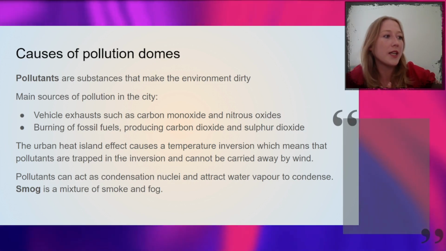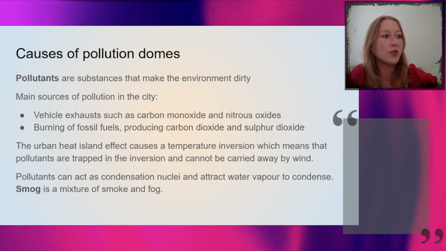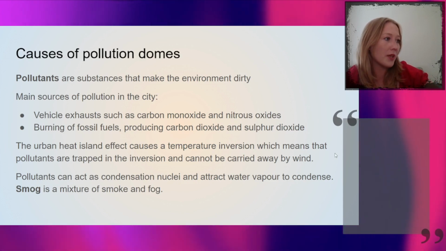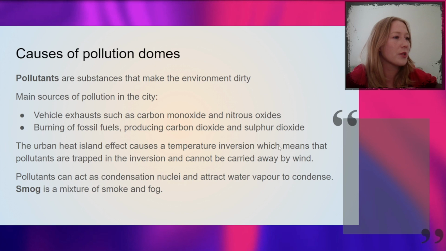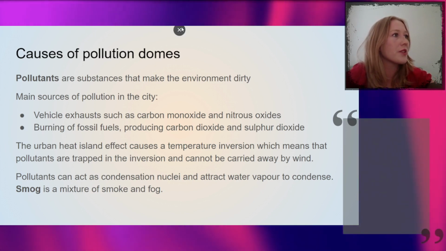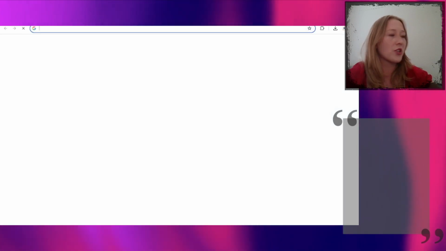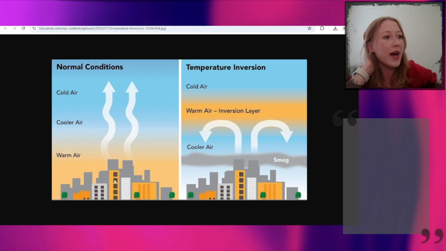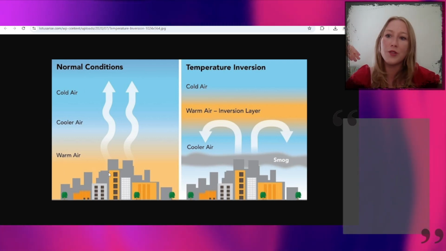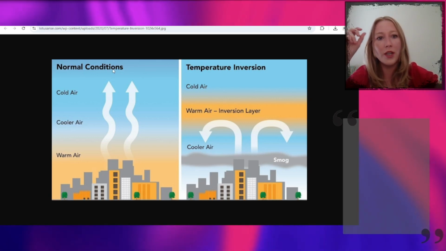The urban heat island effect causes a temperature inversion, which means the pollutants are trapped in the inversion and cannot be carried away. Let me give you a basic explanation of what that means. In normal atmospheric conditions, you have warm air closer to the ground, and as you go up, it gets cooler and cooler.